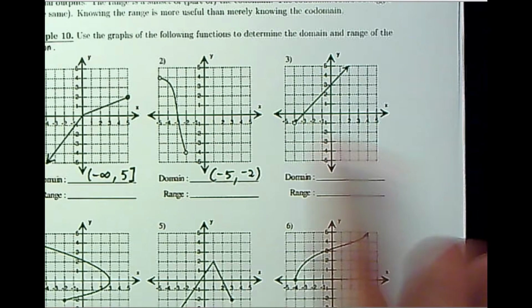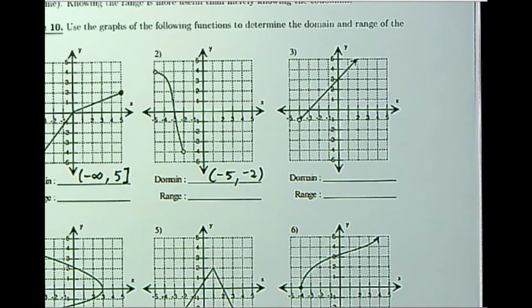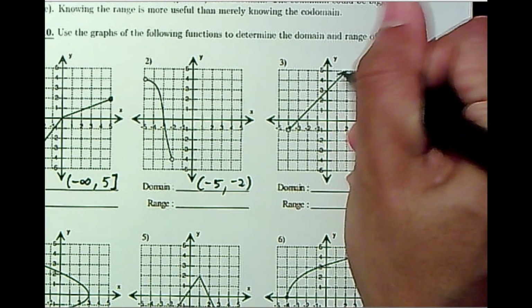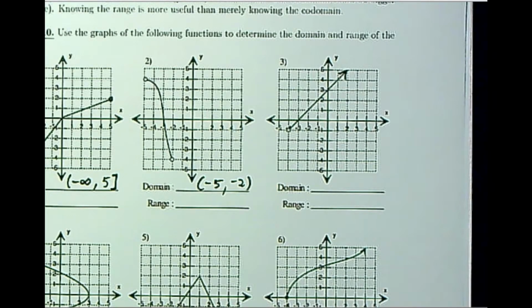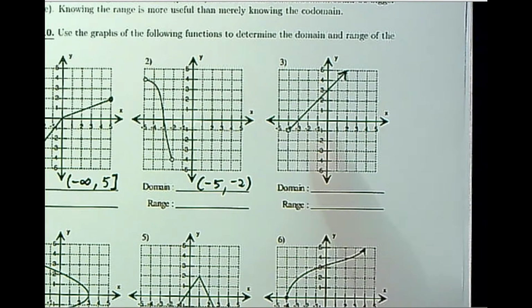Now let's take a look at this one. What do you think will be the domain of that one? There's an arrow right here, so that means it keeps going forever to the right. And there's a hollow dot right there, so that's where it starts.